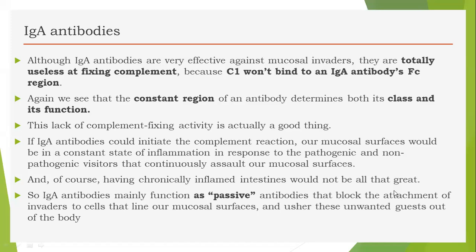And as it binds, it initiates a process where those pathogens are not able to infect the particular linings and are able to be flushed out of the region they are in, whether it's the eyes, the intestines, or whatever region where there is a mucosal surface.